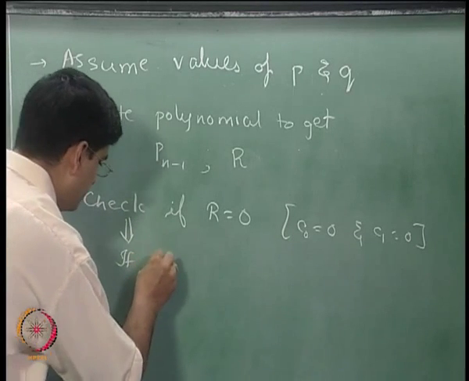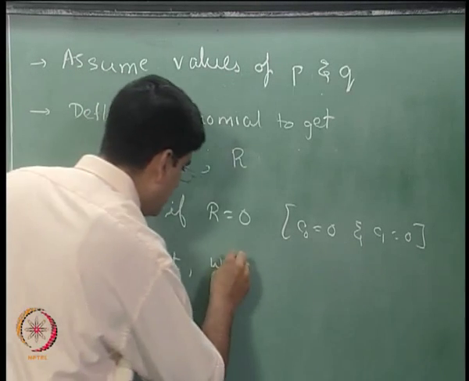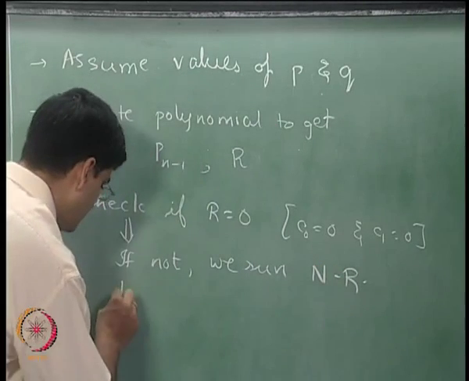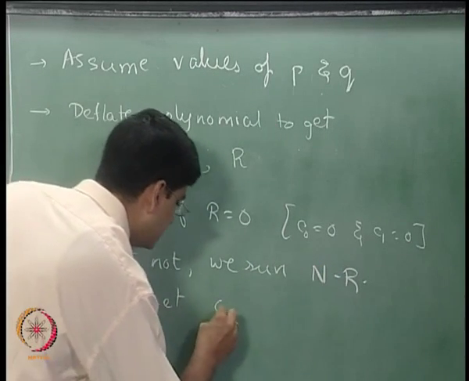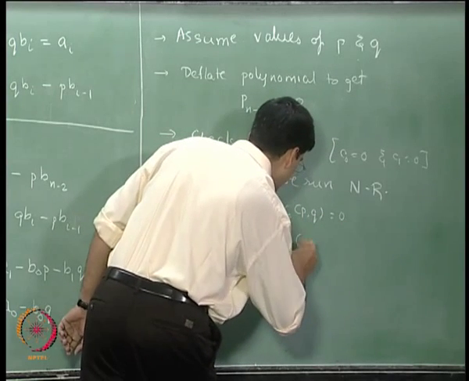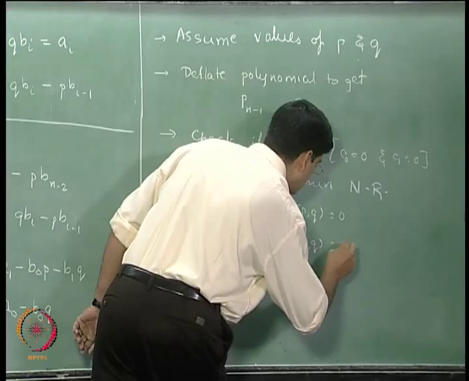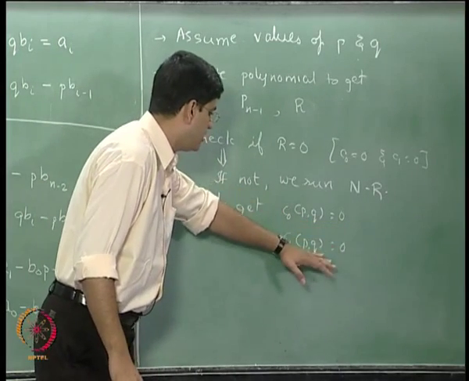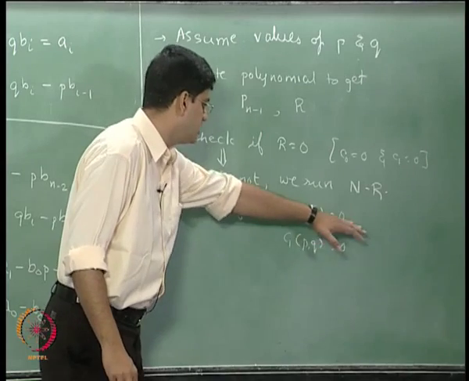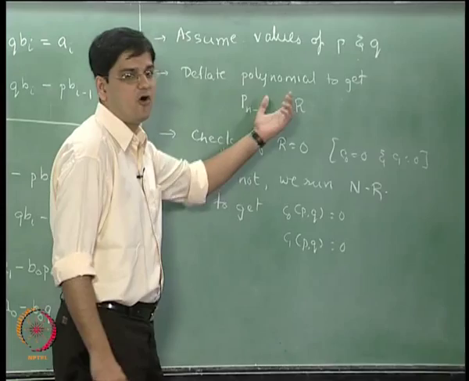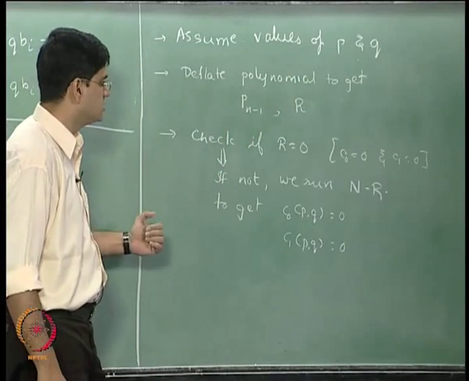If not, we run Newton-Raphson's to get c0 as a function of p, q equal to 0 and c1 as a function of p, q equal to 0. And the values of p and q that give c0 equal to 0 and c1 equal to 0 are the roots for that particular equation, okay.